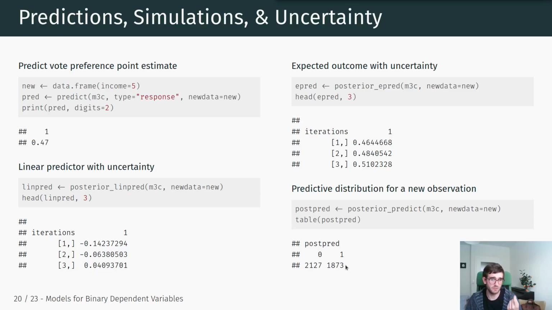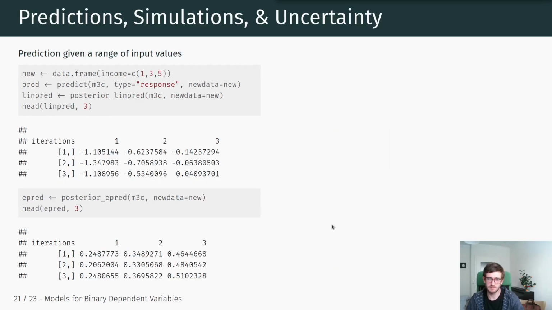So this takes into account additional uncertainty for individual predictions, because we're not just computing the probability, we're actually computing whether this coin flip turned out to be a 1 or a 0 based on the probability that was 0.46 and so on. Okay, so those are all different commands that allow us to compute certain quantities of interest while taking into account different levels of uncertainty, similar to the way we did it in the OLS context. Okay.